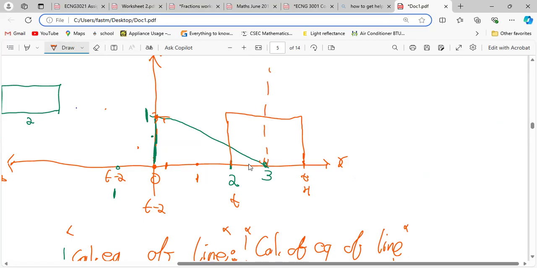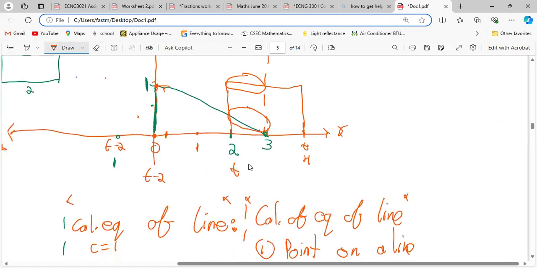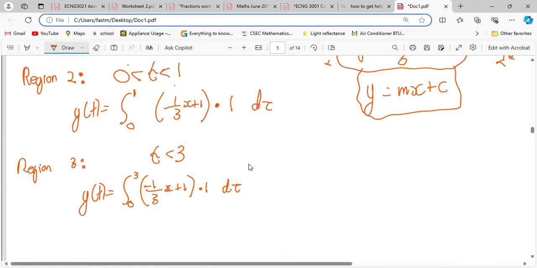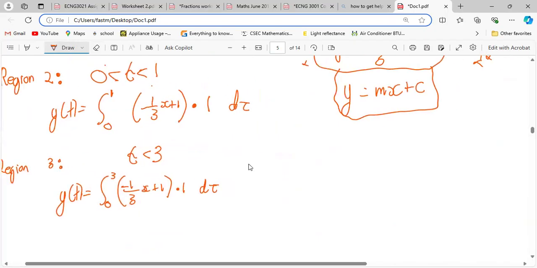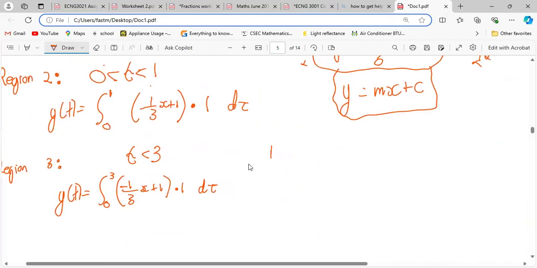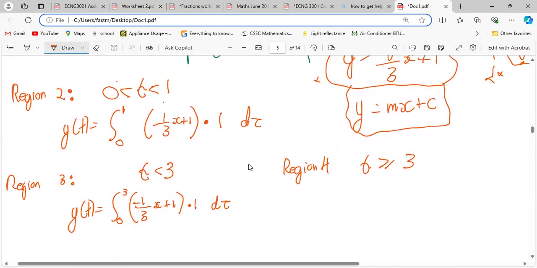So now your next region of overlap will be this little piece here. So now the next region will be region 4, when t is more than or equal to 3. That'll be the next region.